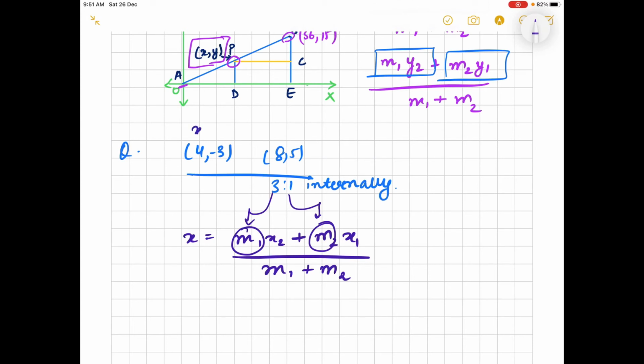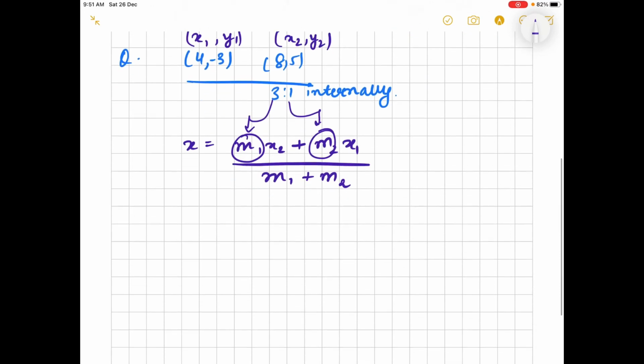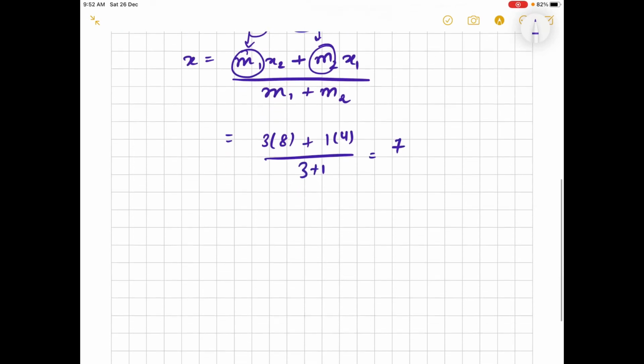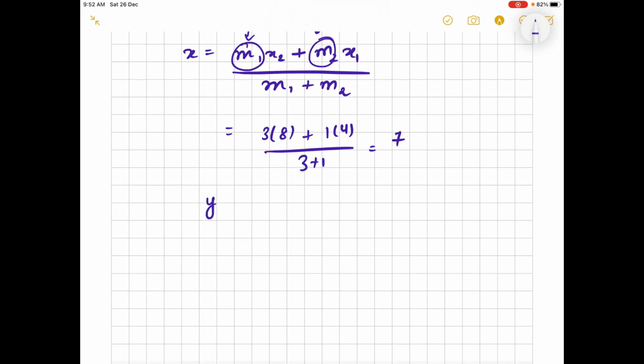These two are the coordinates, so x1, y1 will be our first coordinate and x2, y2 will be our second coordinate. So x will be equal to 3 into 8 plus 1 into 4, divided by 3 plus 1, which is equal to 7. 7 will be our answer.